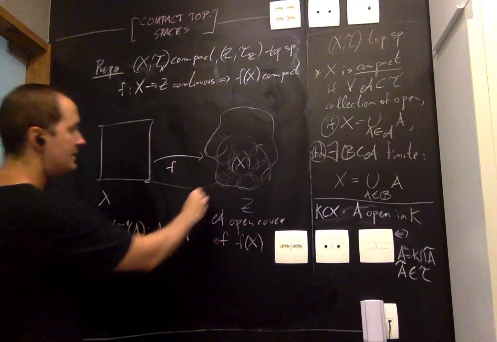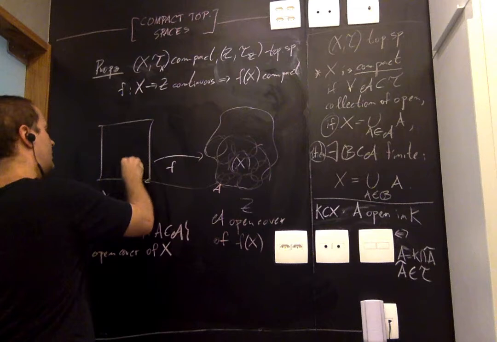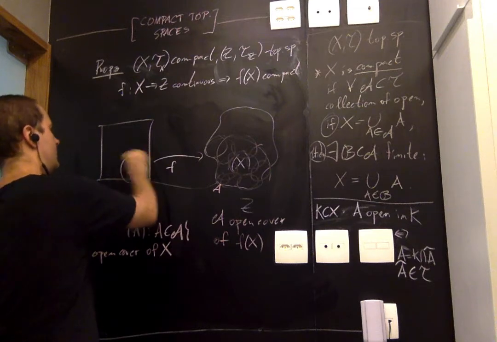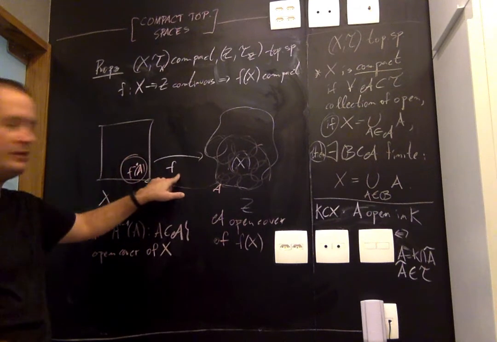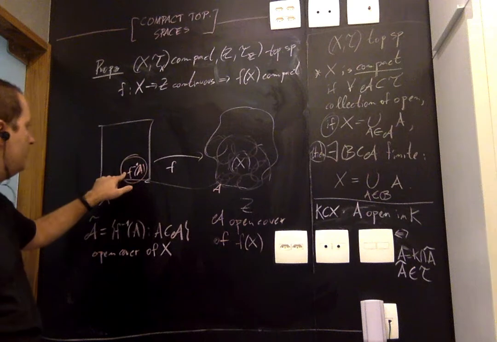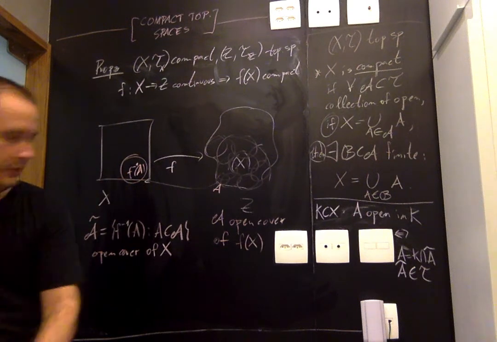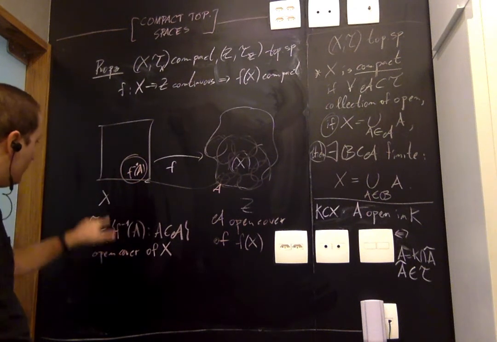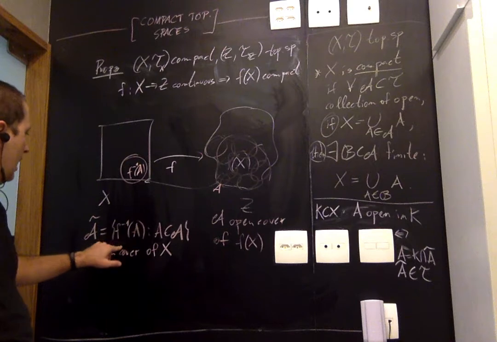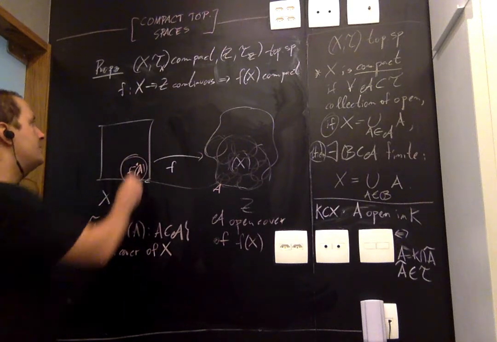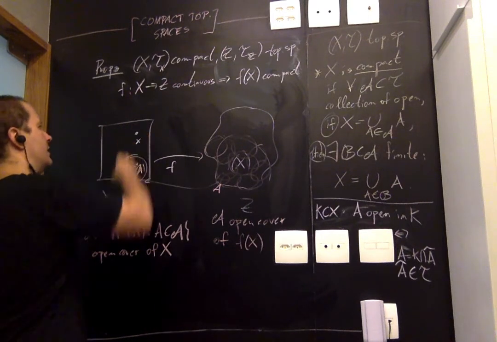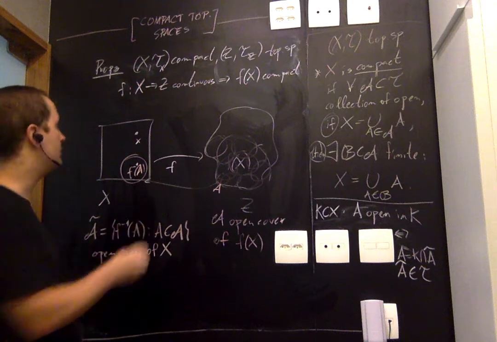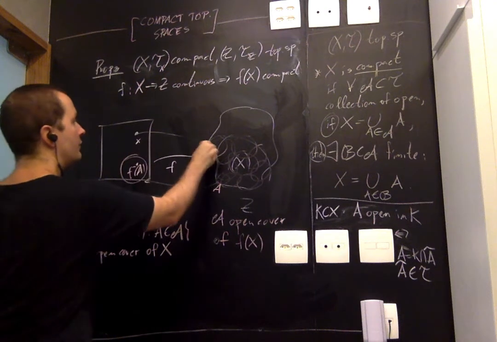Well, okay, if I take any set here, A, I know that f minus 1 of A is an open set, right? That's just using continuity of f. So for a single set, I have f minus 1 of A. Now, this means this is a collection of open sets in X. How do I know that they cover everything? Well, I just take a point here, X, and it should be in some preimage. So I just do, okay, f goes to f of X.